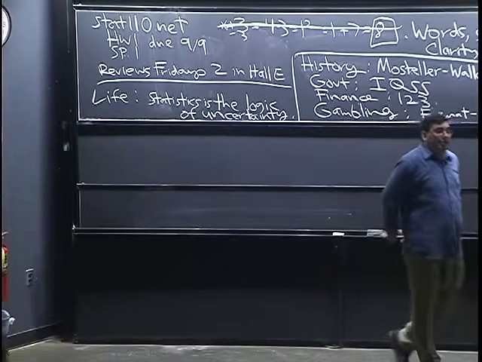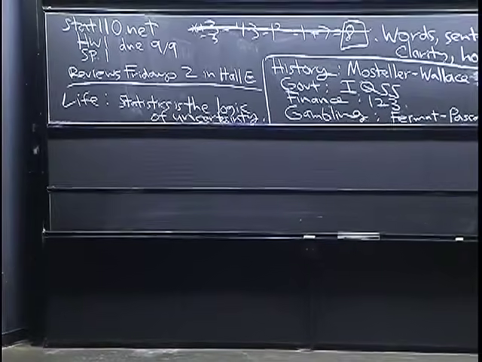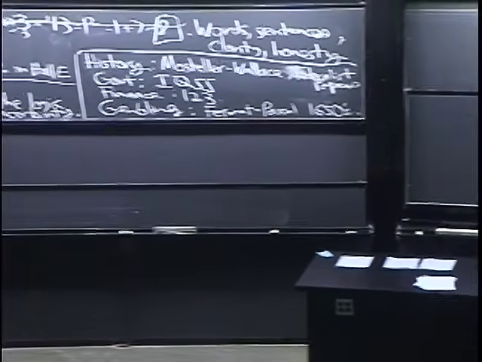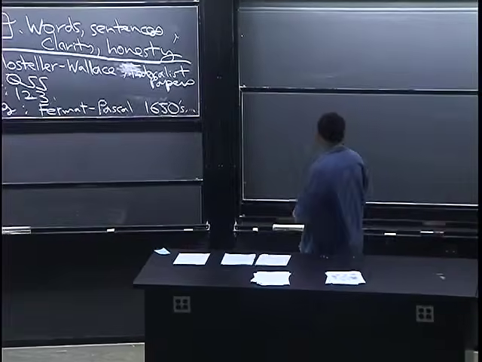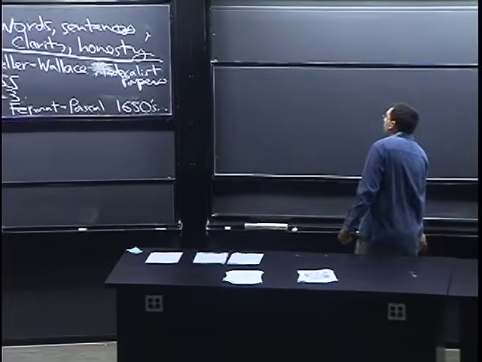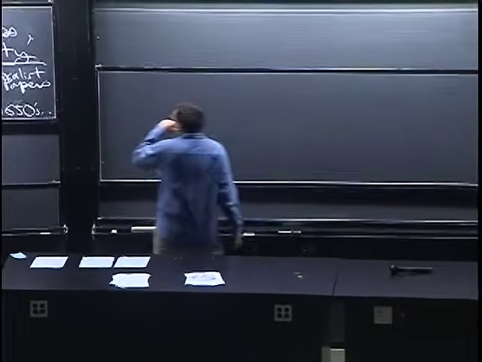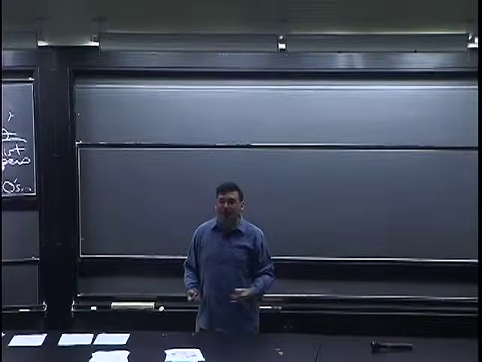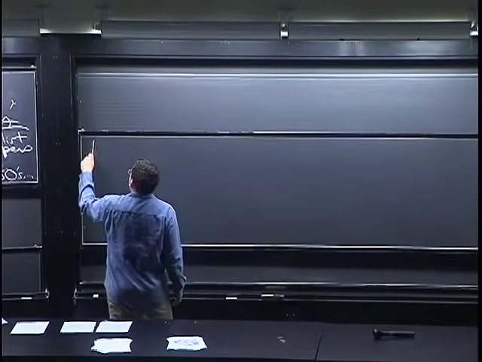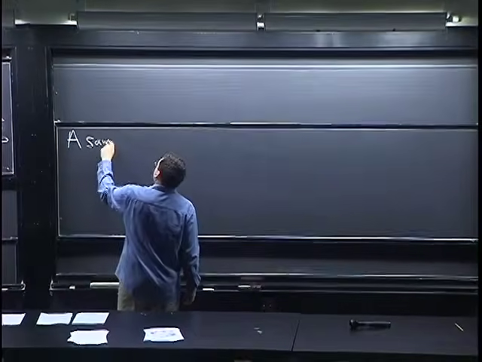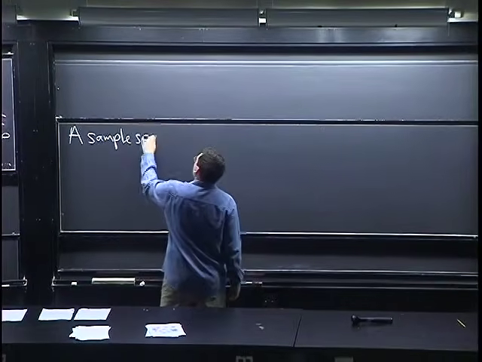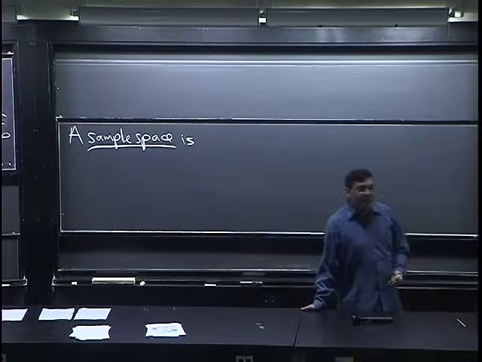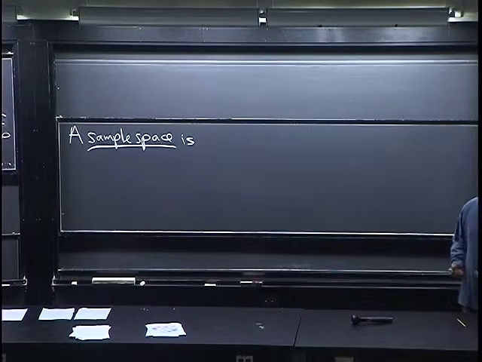All right, so now we can get to the naive definition of probability, which was the origins of the subject. Let me tell you what a sample space is first, then I'll give you the naive definition. A sample space just means the set of all possible outcomes of some experiment.